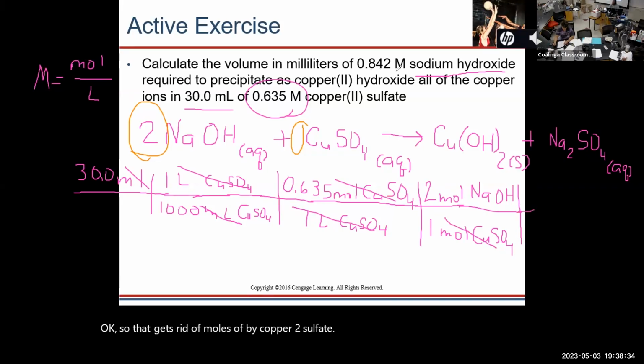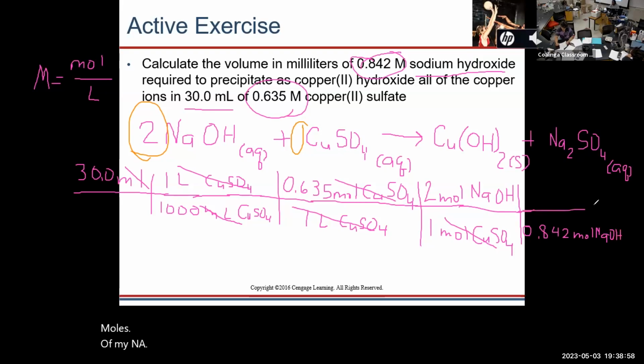And now I can also use the molarity of my sodium hydroxide. 0.842 moles of my NaOH. And we know that that's going to be 1 liter of NaOH. And we want milliliters, right? So then drag this over.